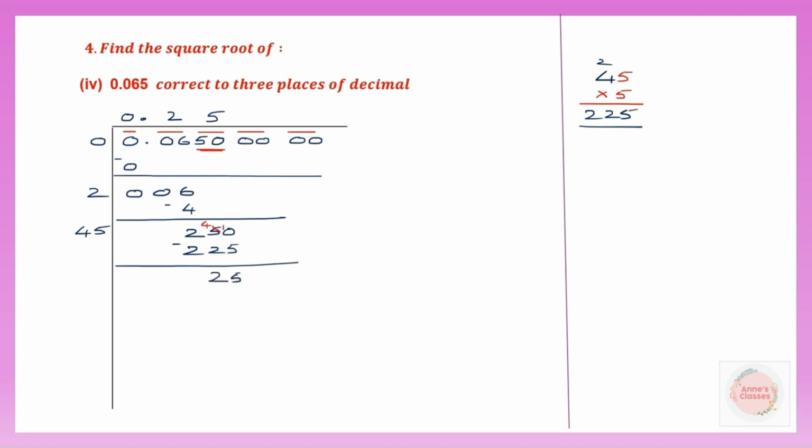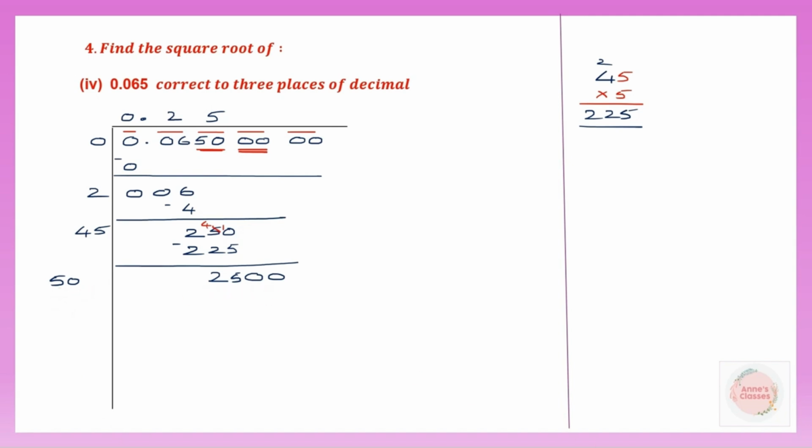Now we bring down the next pair, that is 2 zeros. So now the number is 2500. Let's double this 25. Take this as 25, ignoring the decimal point. So 25 into 2 is 50. Now I need to put a number next to 50 so that when I multiply, I get a number close to this.